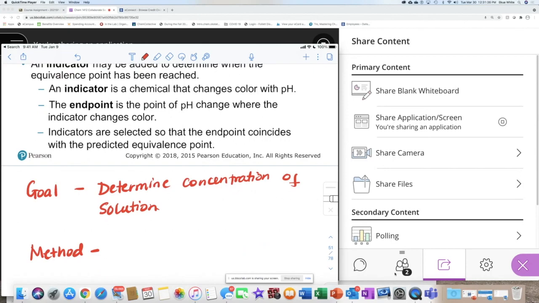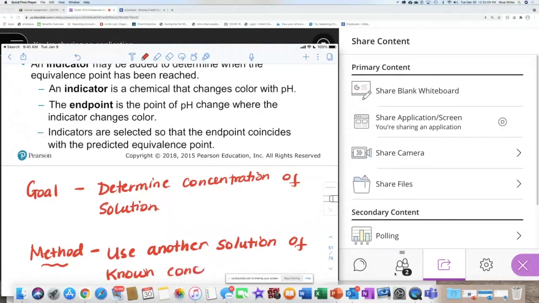Okay. So there's more than one way to figure out the concentration of a solution. Right now, I am talking about titration. And then later on, when it's relevant, I'll talk about a machine that we have in the lab that will give you the concentration of a solution. Okay. But the method here is use another solution, not the one that you have questions about, of known concentration.